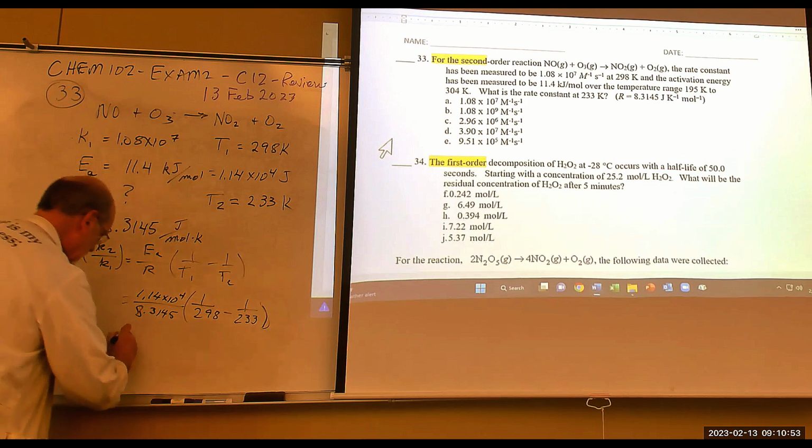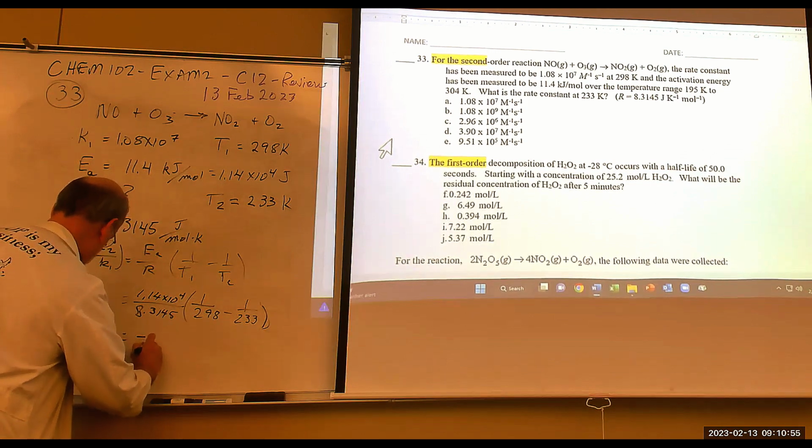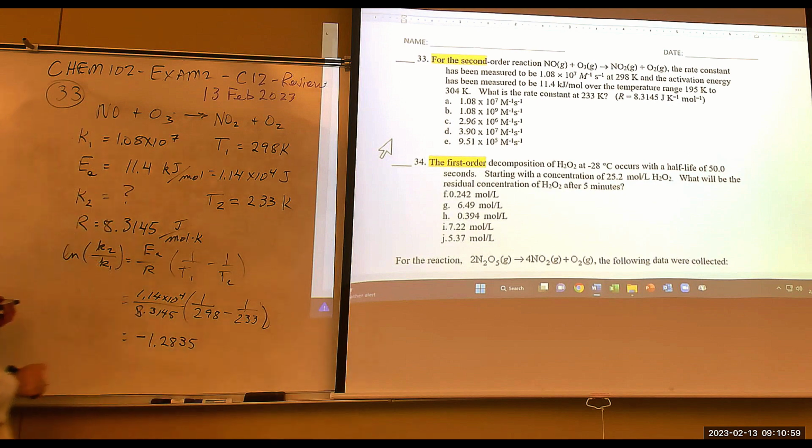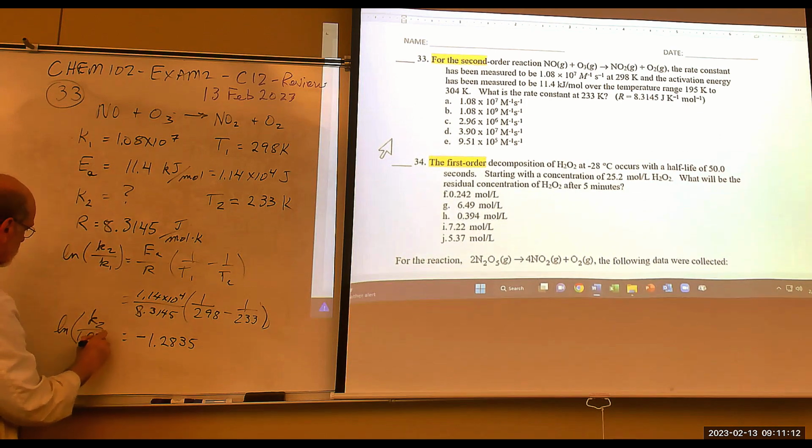So over here, I get a negative 1.2835. And over here, the K2 is unknown, and the K1 is here. 1.08 times 10 to the 7th.